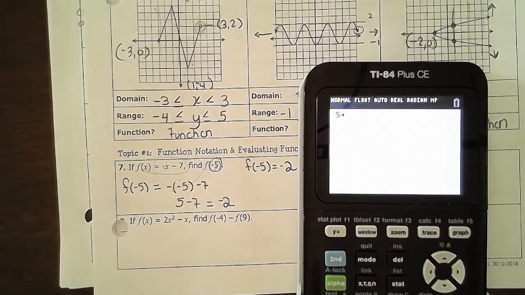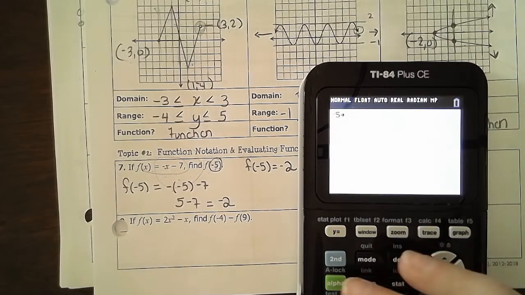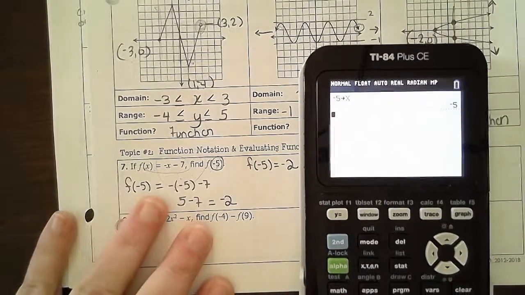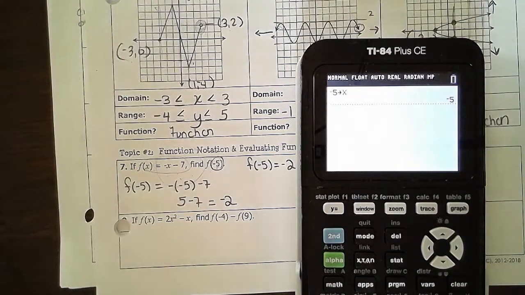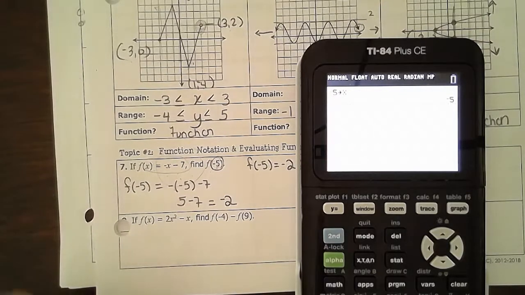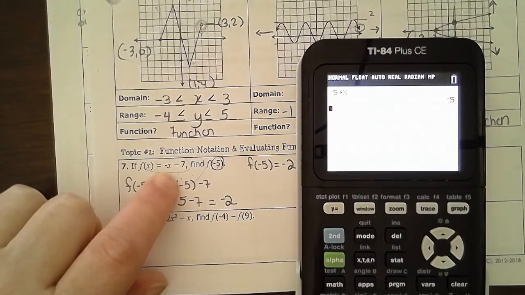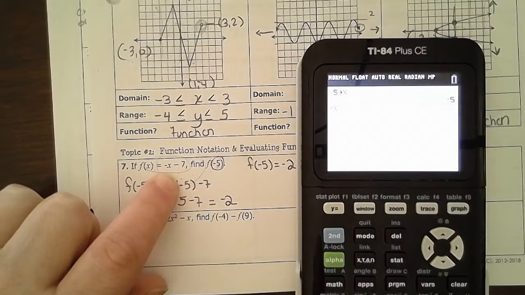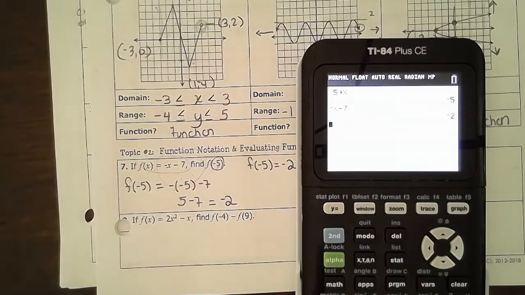So I'm going to press negative 5 and press my store key, and then I do alpha x. And where is my x? Right here. Okay, so that tells me that I am storing in the value of negative 5 for x into my calculator. So then I just type out this. I do negative, and then I'm going to do alpha x minus 7.